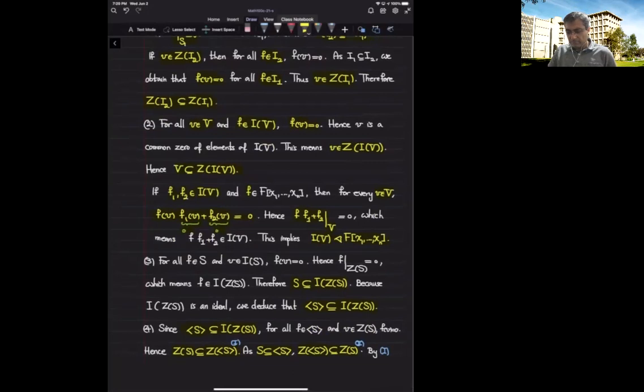As we have mentioned earlier, for every f inside the set S and every v inside the common zeros of S, we have that f of v is 0. That's the definition.